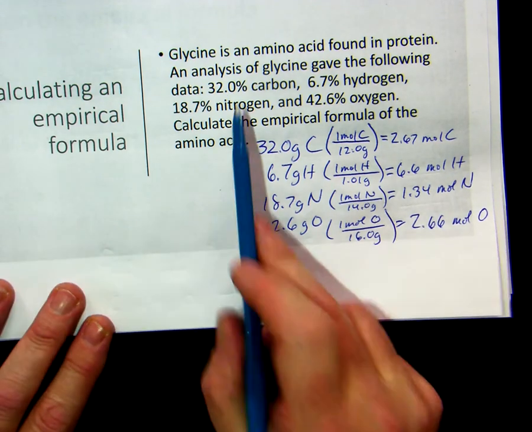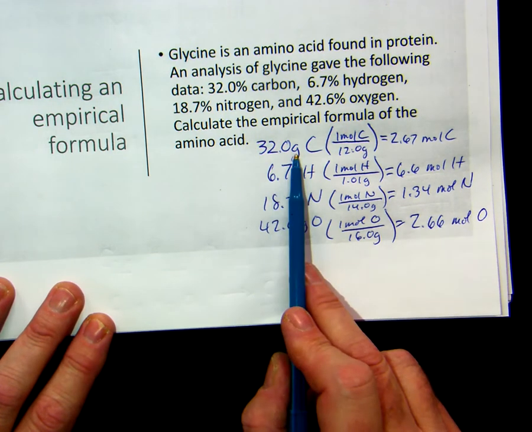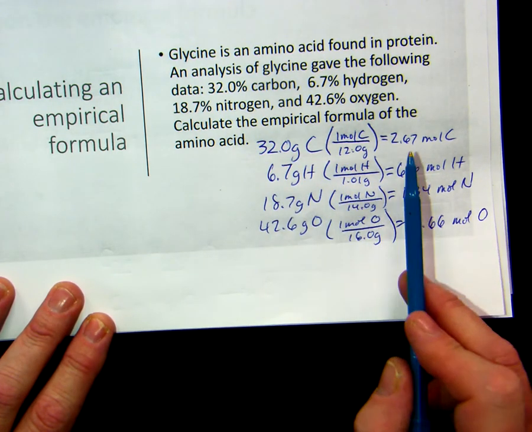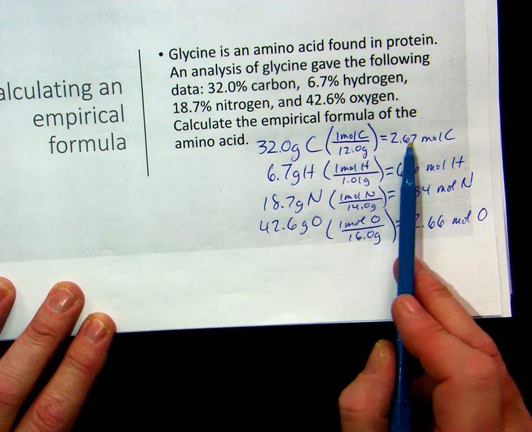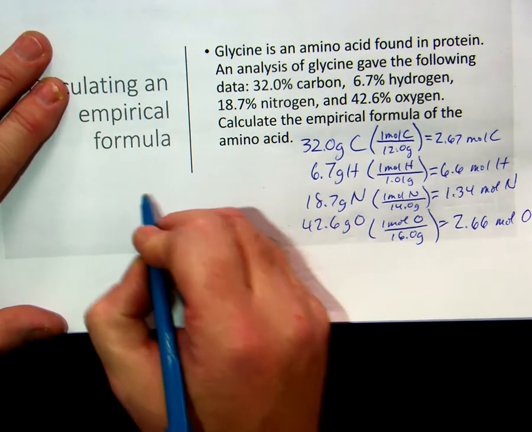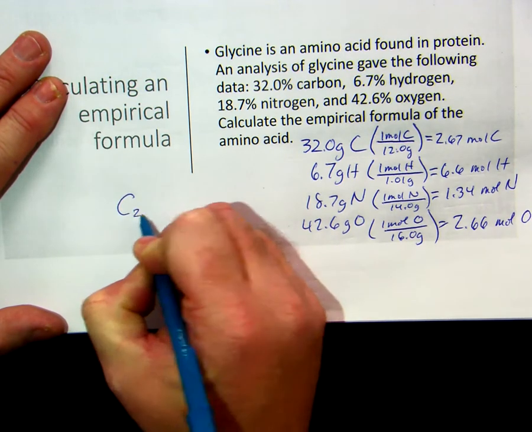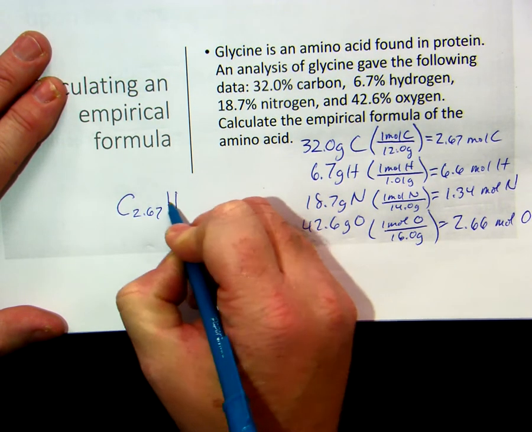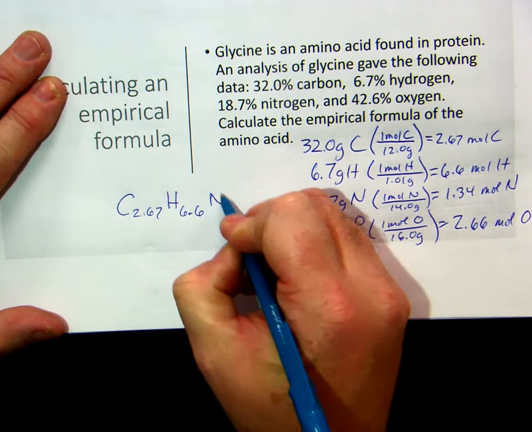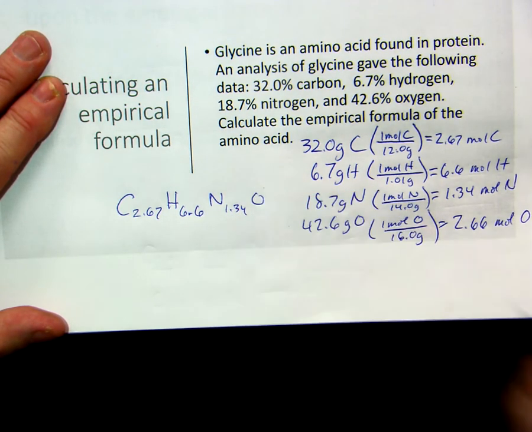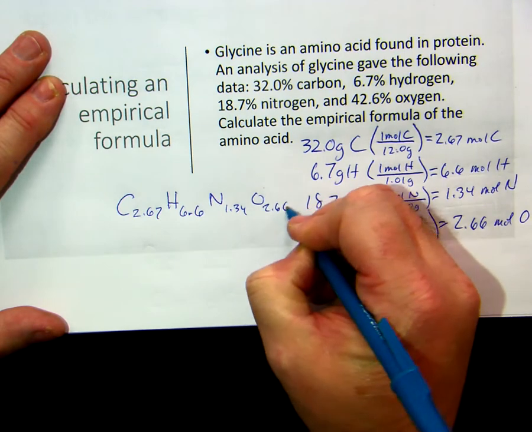So percentages to grams, grams divided by molar mass to moles, and now we take these moles and make a messed up looking formula: carbon 2.67, hydrogen 6.6, nitrogen 1.34, oxygen 2.66.